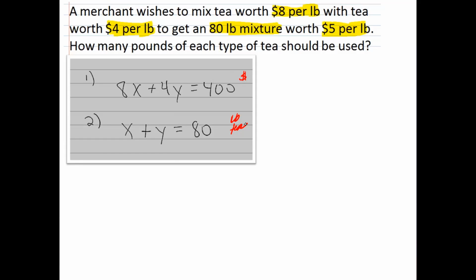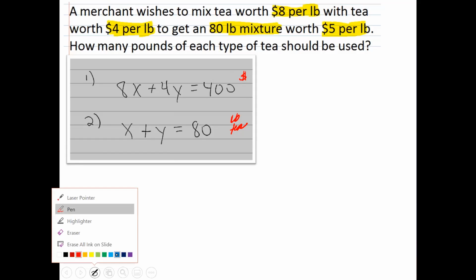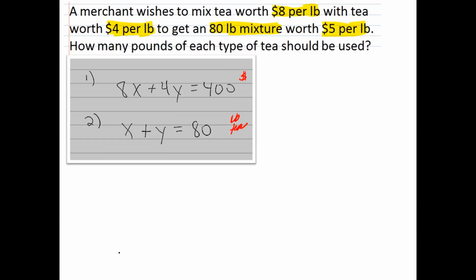So then once we get to this point here, you can solve this using either substitution or elimination. I think let's try substitution. If I were to substitute, y equals, I need to move the x over. So I have y equals negative x plus 80. So that means whenever I see a y, I'm going to replace it with negative x plus 80.